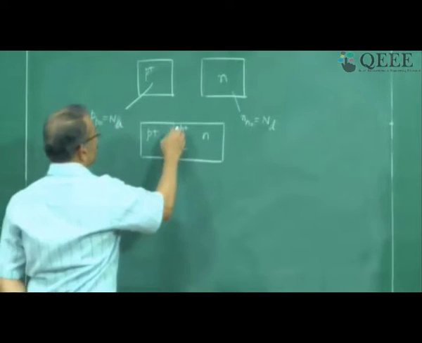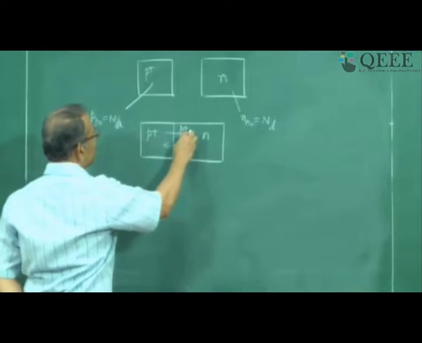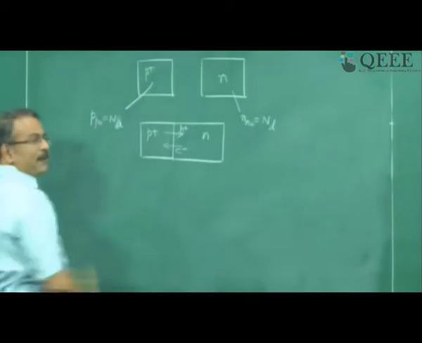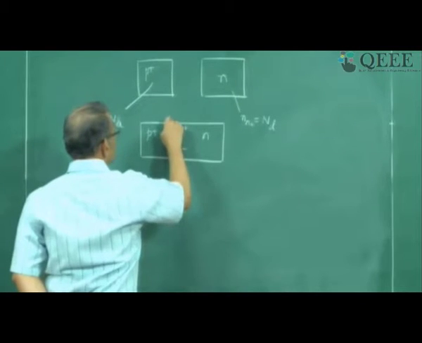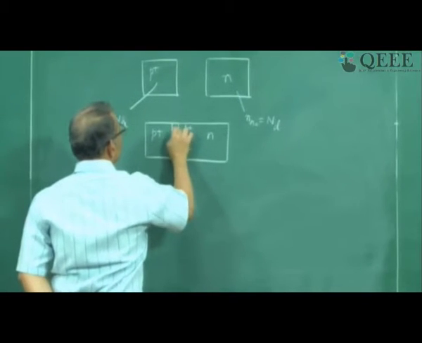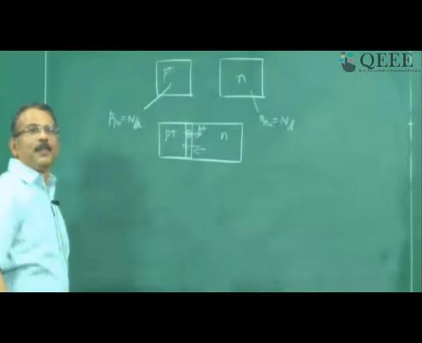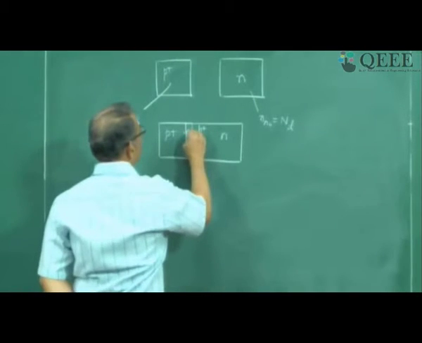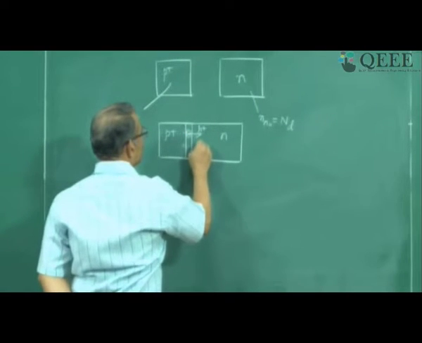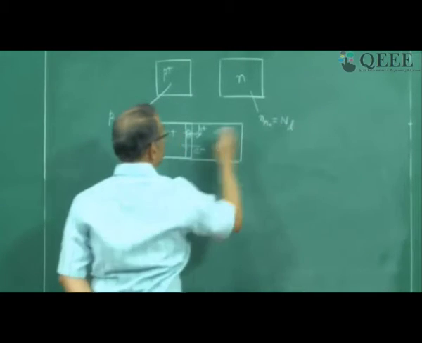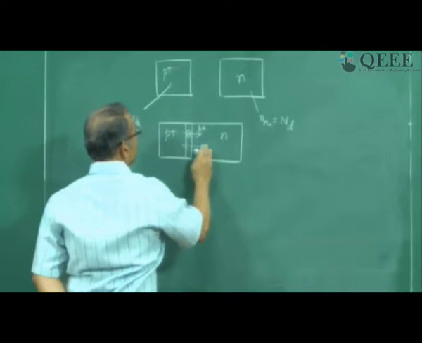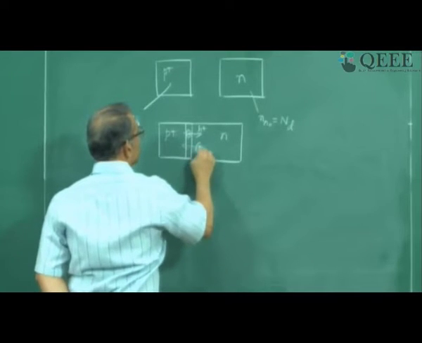So if the holes are lost from here, it will leave behind NA, ionized acceptors. That is what is happening. So on this side, when a hole moves away, it leaves behind an ionized acceptor, minus charge. Similarly, when the electron moves from N region to P region, it leaves behind a donor, and that can be shown like this.